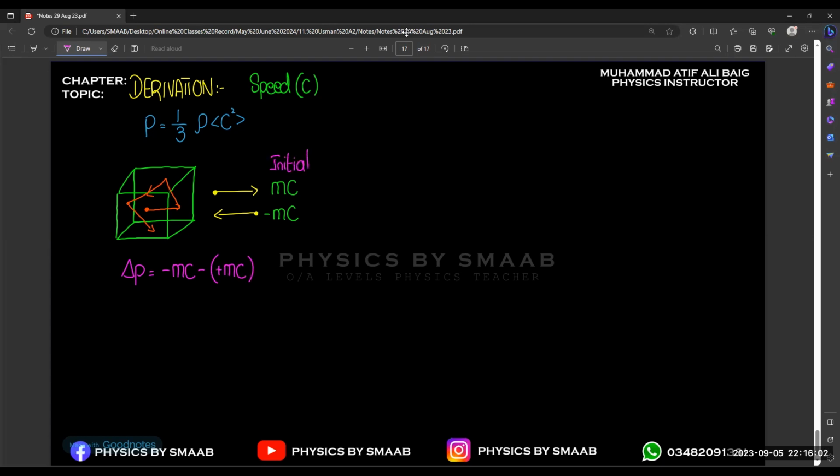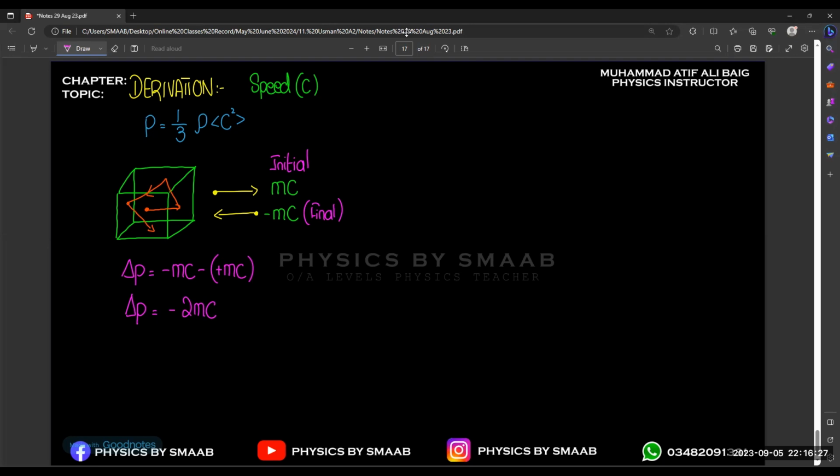Positive is the initial, and this negative will be the final. Clear? Any confusion? No. So basically your momentum is going to be combined over here, but with only negative sign. Okay. Clear? Any confusion?